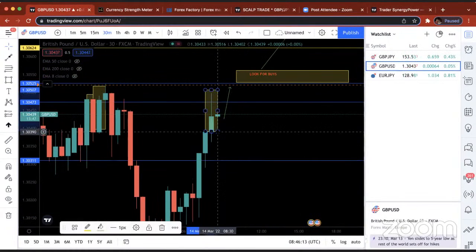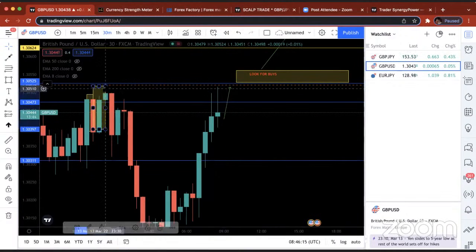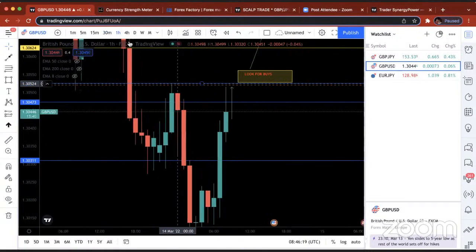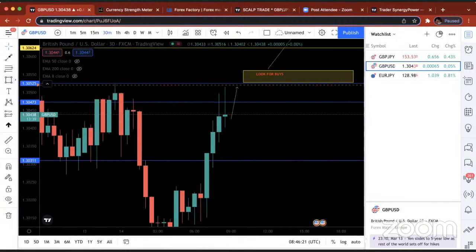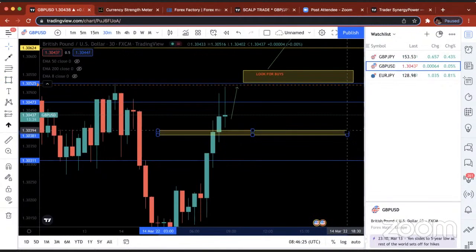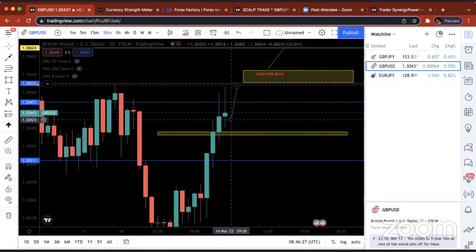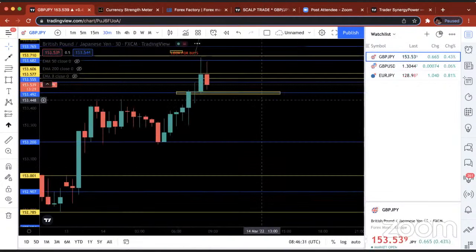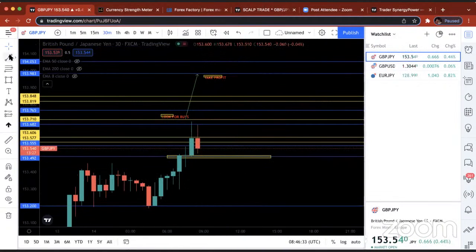You guys know what I'm saying. I'm going to mark what area we need to see it stay above, which in all reality is right here. This is the area we need to see price stay above. And this is the area that we need to see price stay above.